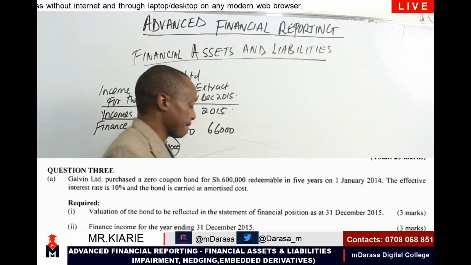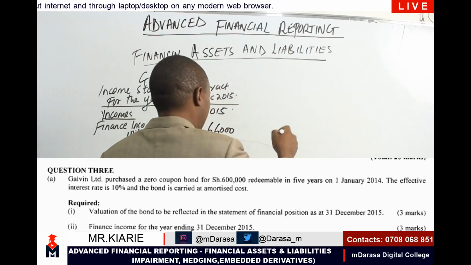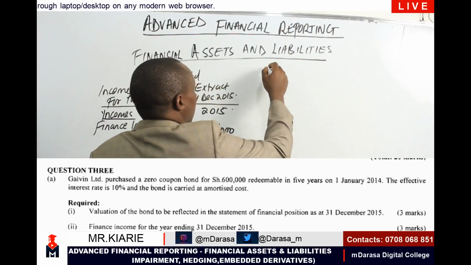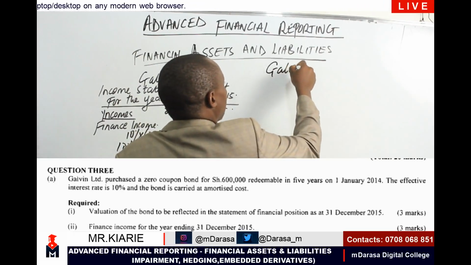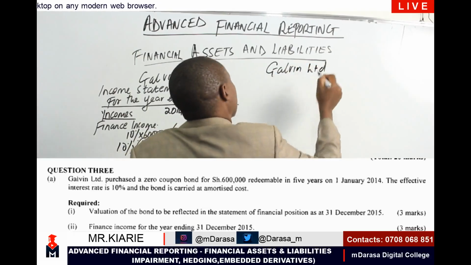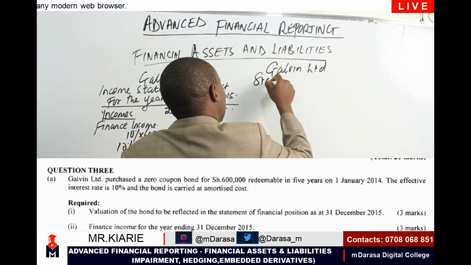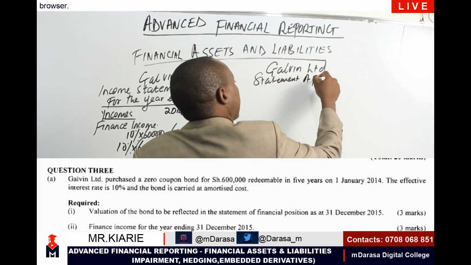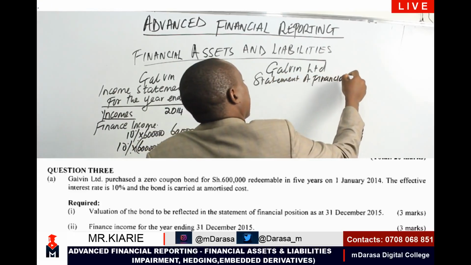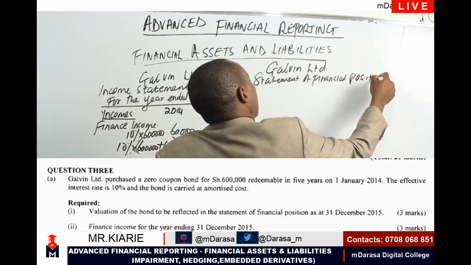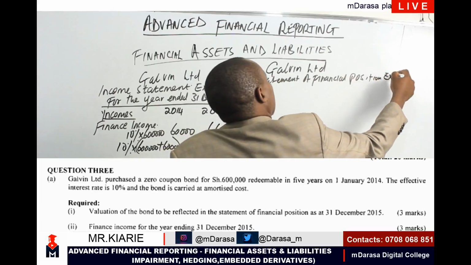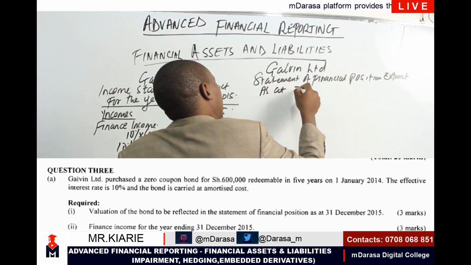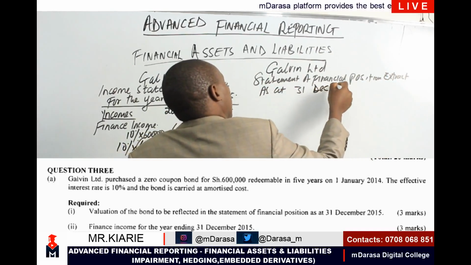Then from there, we go to the SFP, the Statement of Financial Position. You write FDA Limited, Statement of Financial Position extract as at 31st December 2015.